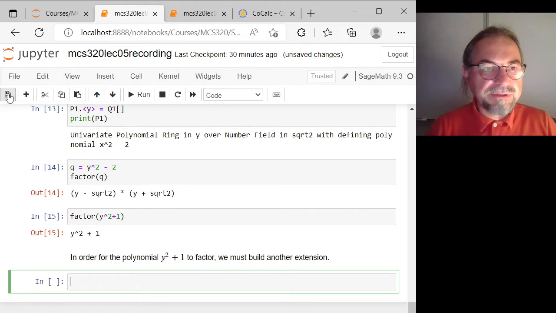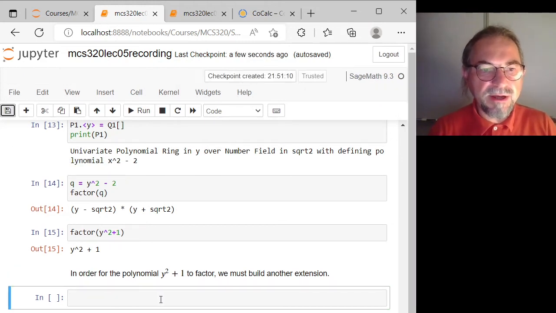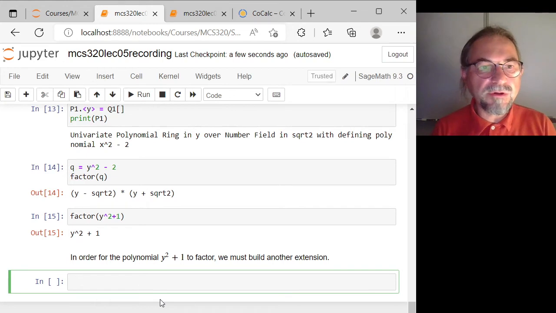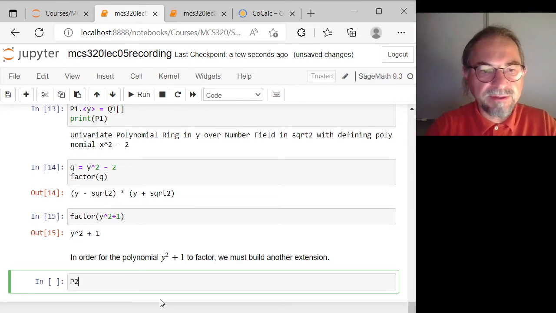Okay, so let's do this. In the meantime, I'm saving. So how did I do this before? Well, I have to define my new polynomial ring. Now I'm running a little bit out of letters, so I'm going to use z. So I'm going to define a polynomial ring over.